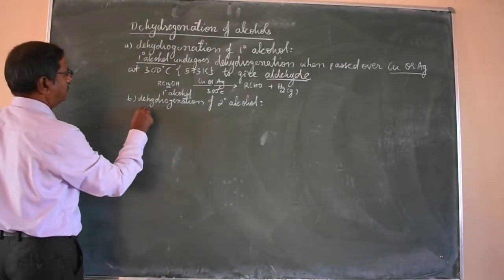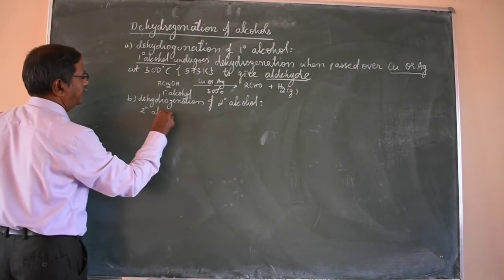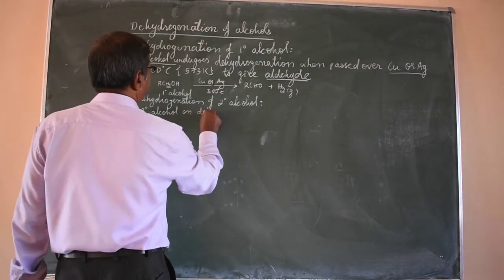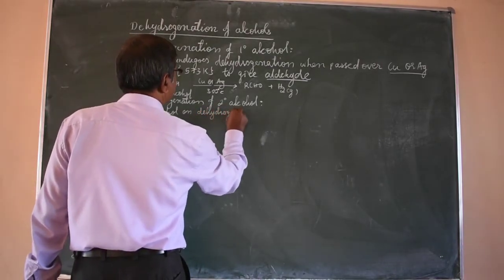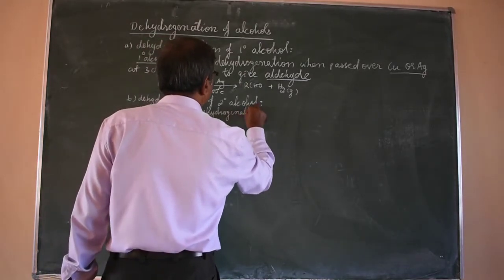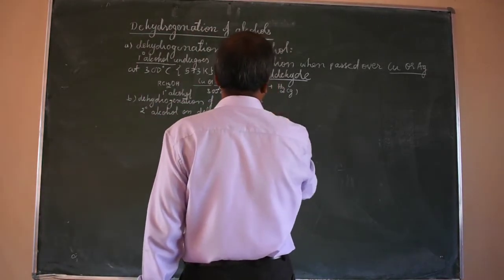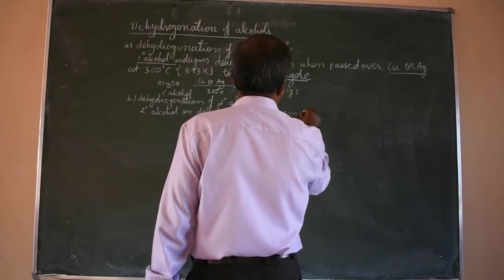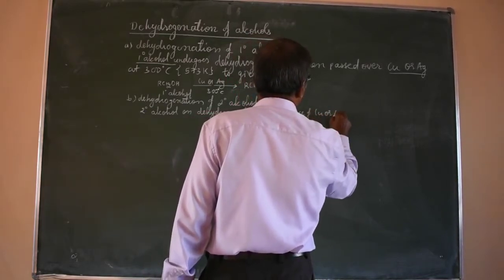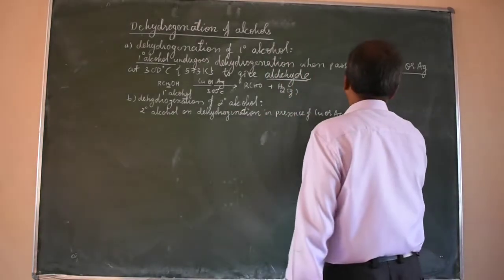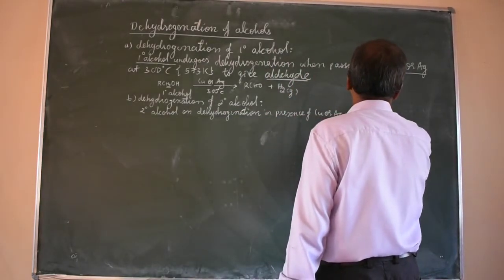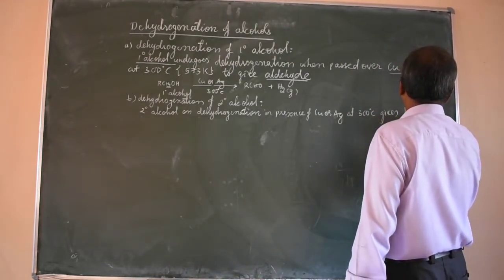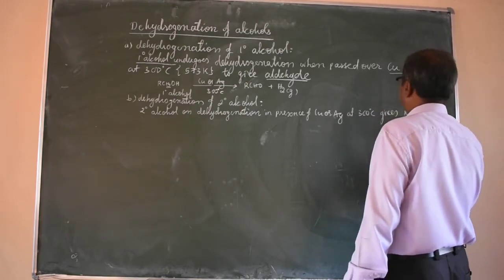So 2 degree alcohol on dehydrogenation in presence of Cu at 300 degrees Celsius gives ketone. So important is ketone.